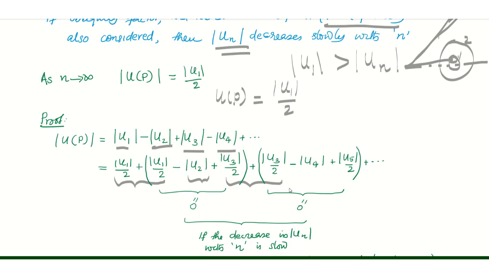Let's say I'm doing it for all odd n's. And here I have shown some brackets and the quantity inside the brackets, because U1 is approximately equal to U3 and also U2, and therefore the quantities inside the brackets you can select.